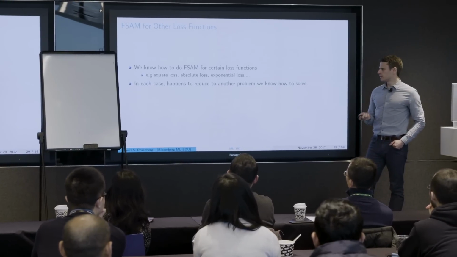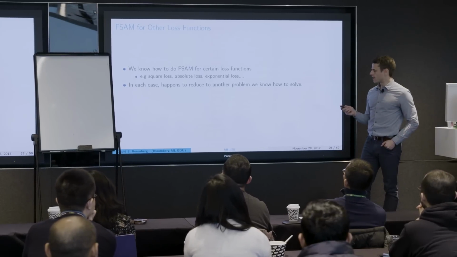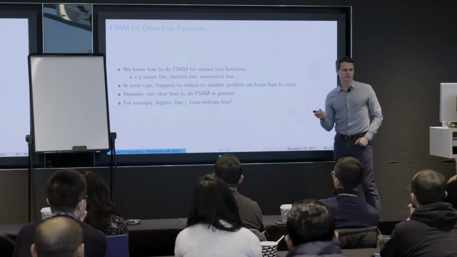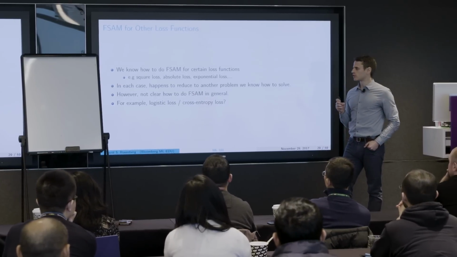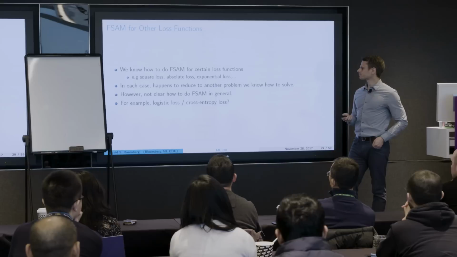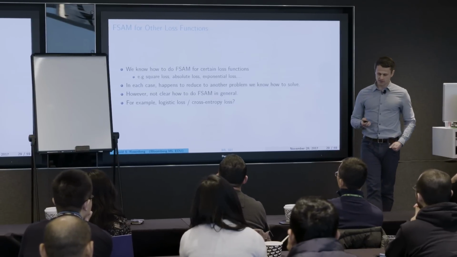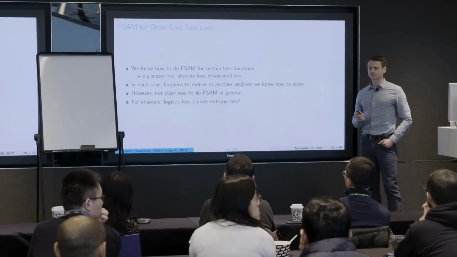More generally, it's not easy to solve that optimization problem of how to take your next step. And so, for instance, for logistic loss or cross entropy, it may not be clear if you can solve that over the space of trees or something like that. So the next topic is going to be a resolution of this problem for us.